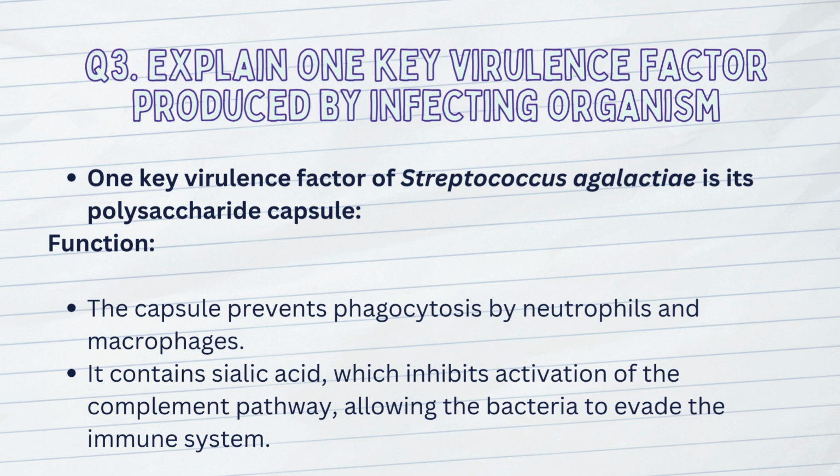The function is that the capsule prevents phagocytosis by neutrophils and macrophages. Remember the findings with the microscopy? It contains sialic acid, which inhibits activation of the complement pathway, allowing the bacteria to evade the immune system, which is not good for our patient.